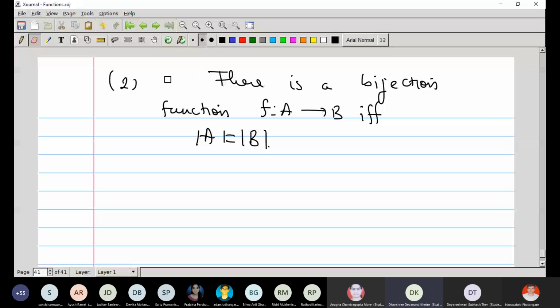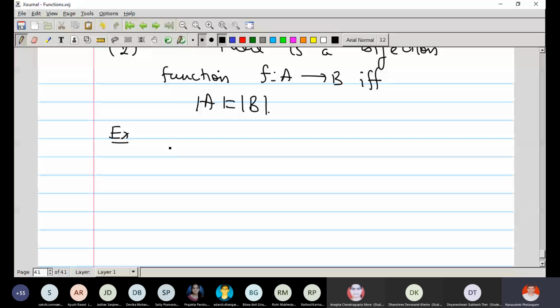So for example, suppose A is a set of 5 fruits and B is a set of 5 people or students, whatever.